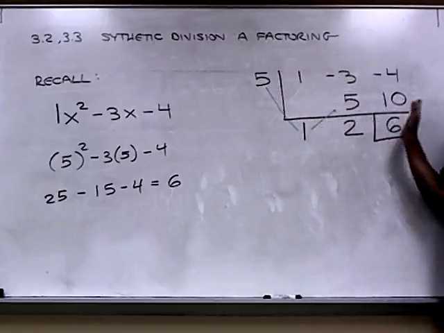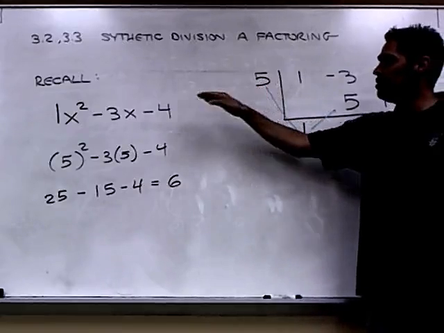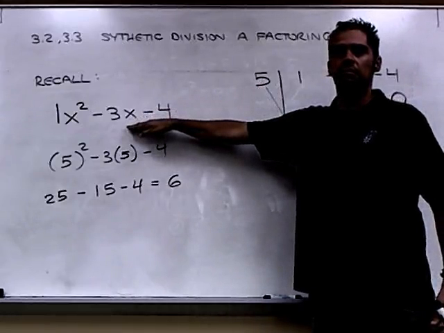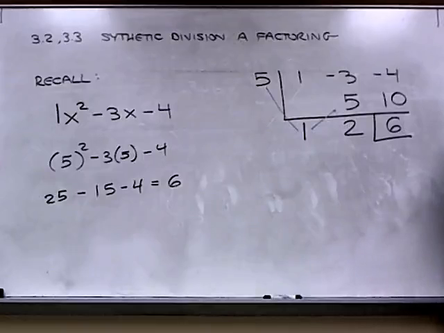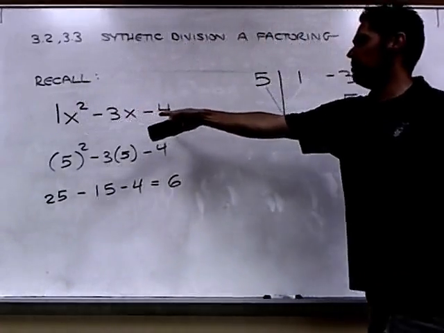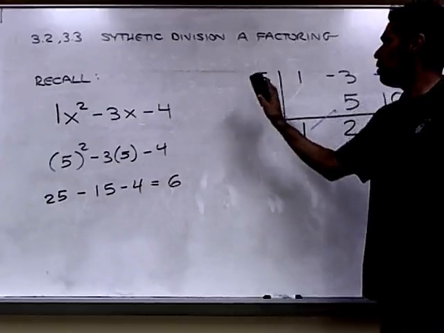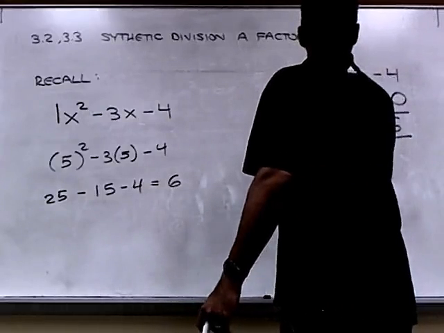We call this synthetic division. The remainder is always what you would have gotten had you plugged that number into this expression. You believe it or not? Yes. So what should happen if I plug 0 into that? Negative 4? Let's try it.